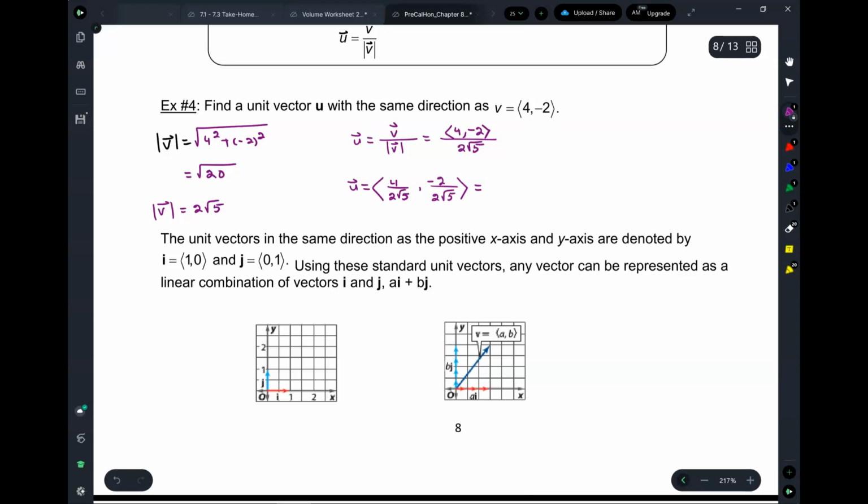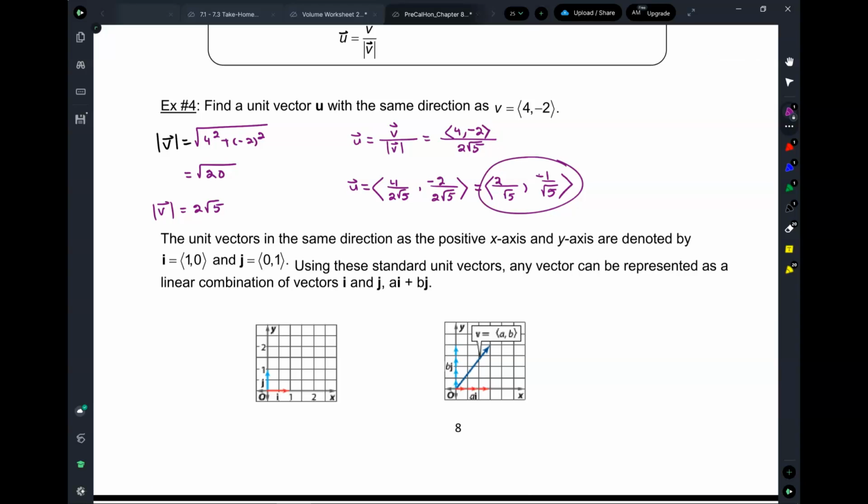When you reduce the 4 and the 2, you get 1 over 2 root 5. Negative 1 over root 5. And that is vector u. Shouldn't you get 2 over 2 root 5? Oh, sorry. 2 over root 5. Okay?